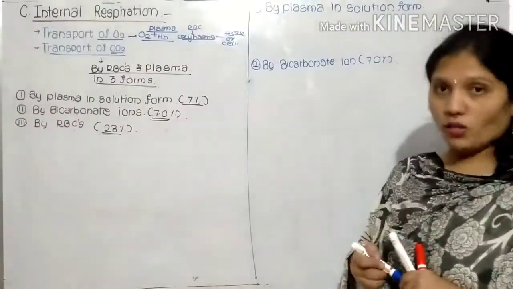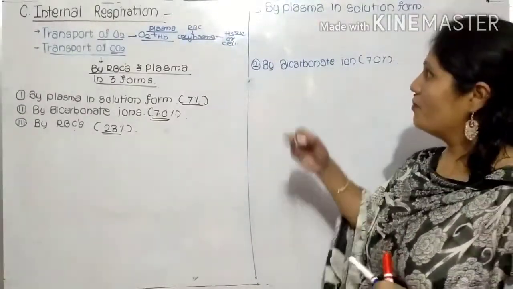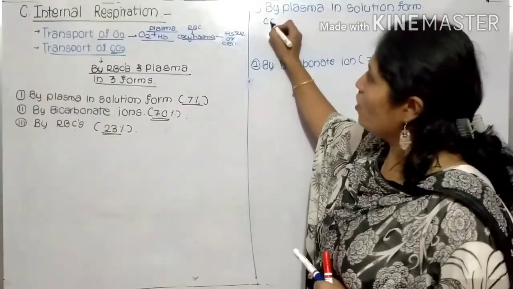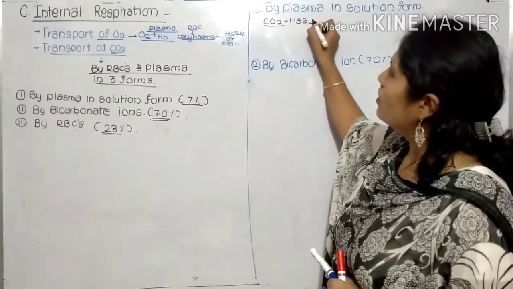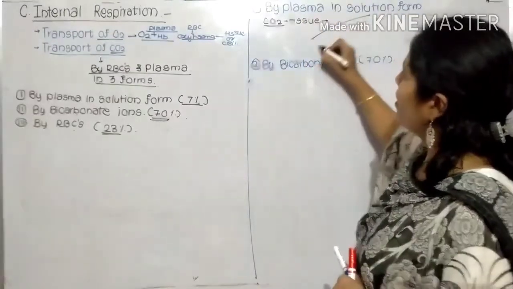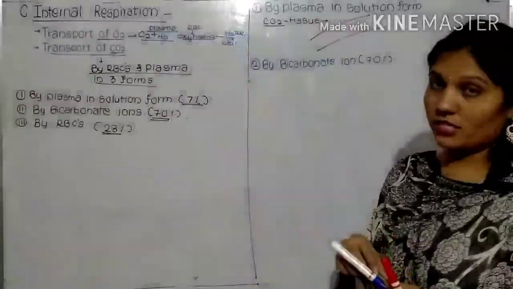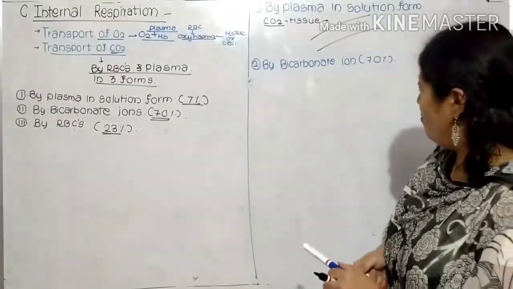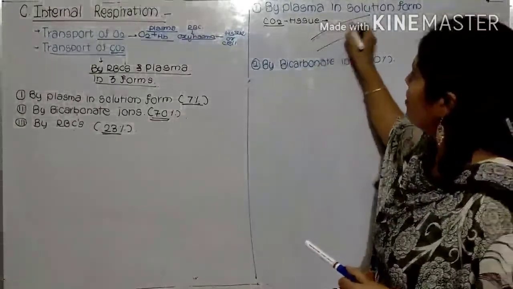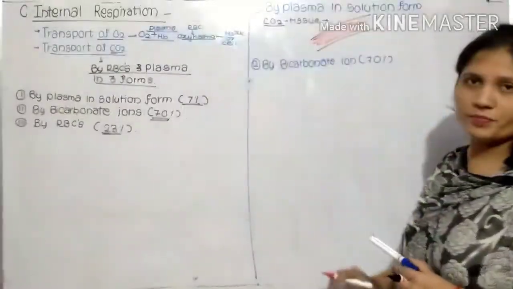Now carbon dioxide from the tissues enters into the blood capillary. I'll show you with this color: this is the blood capillary.